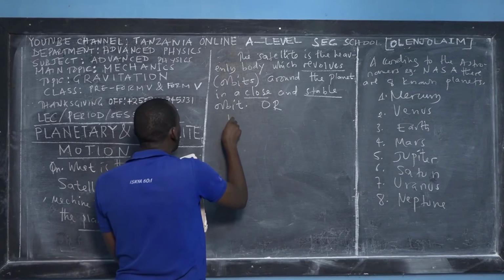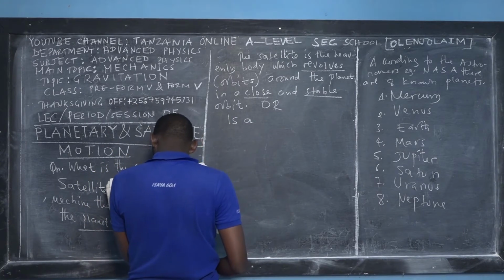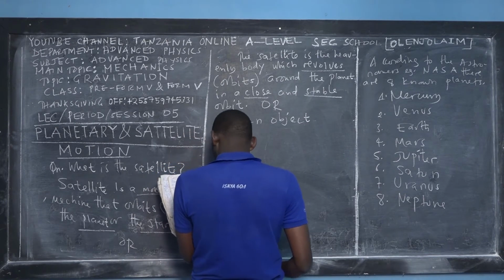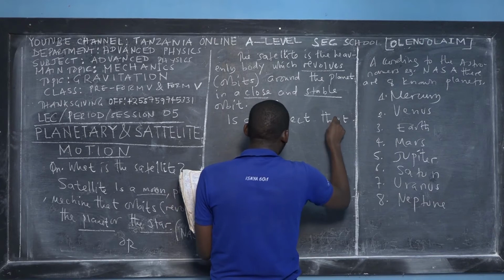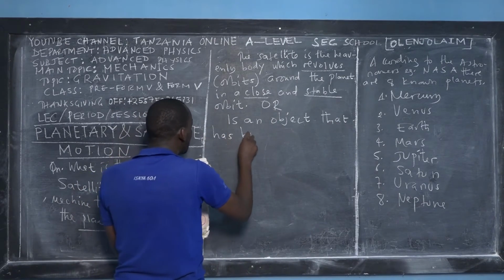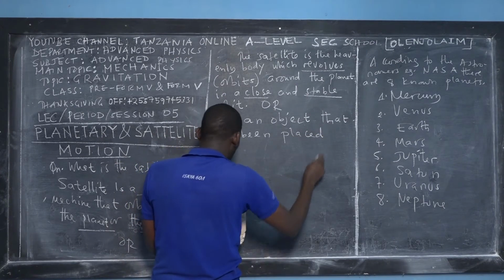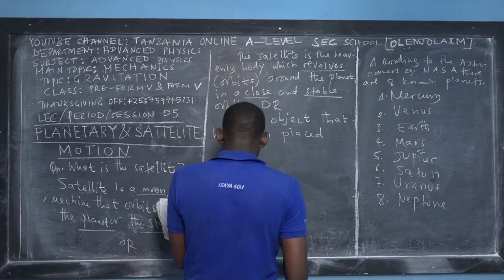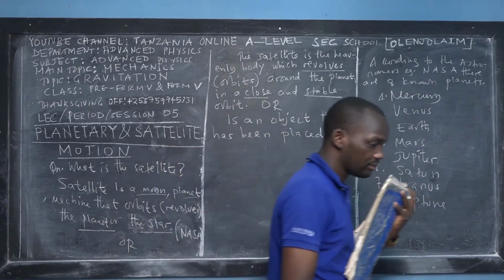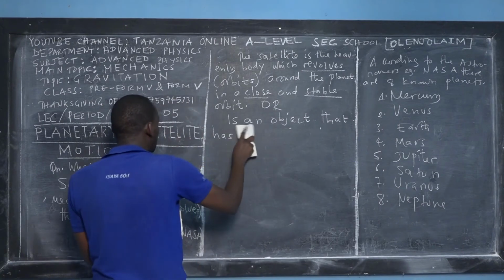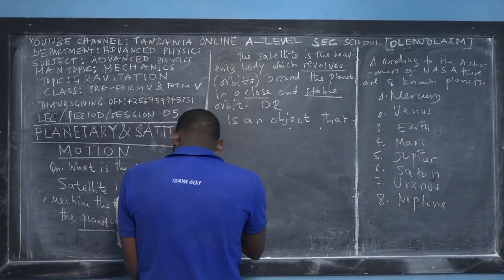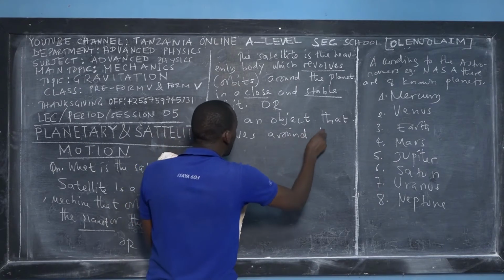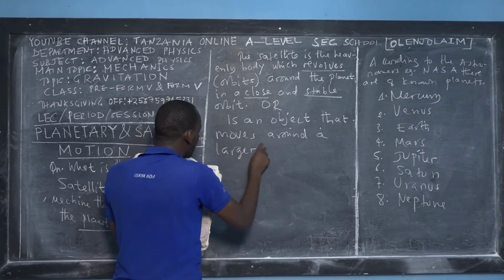In one of their documents, they say that a satellite is an object that moves around a larger object. Excuse me, it's an object that moves around a larger object.